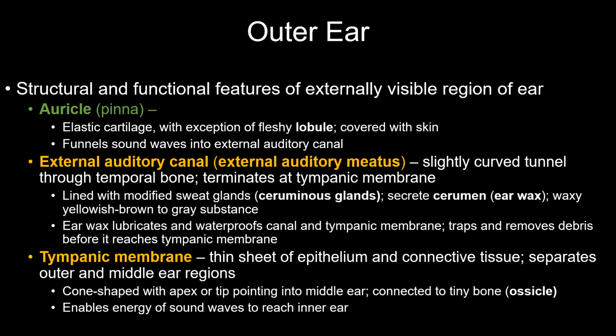This membrane is essentially what converts sound waves into a form that can be interpreted as action potentials by our brain. So this is a crucial function. This eardrum, this tympanic membrane, is a crucial structure.